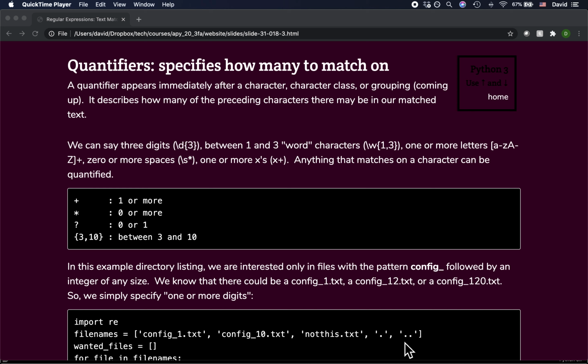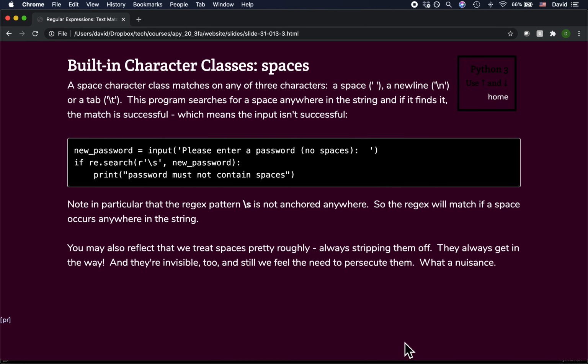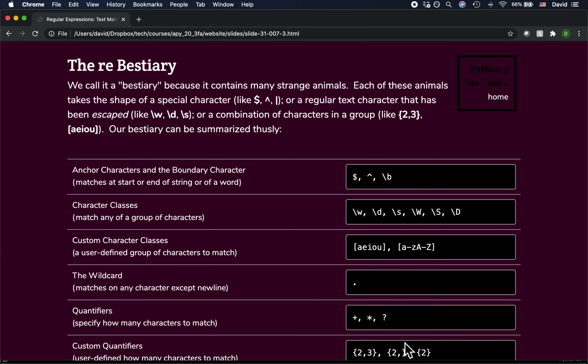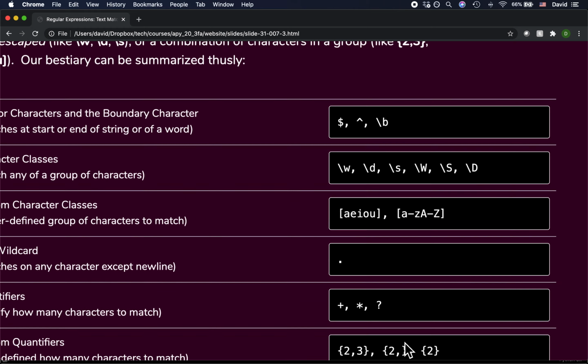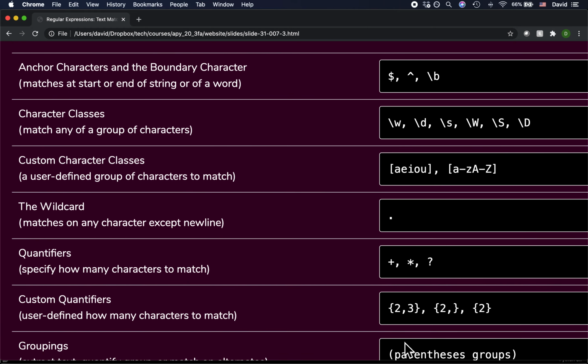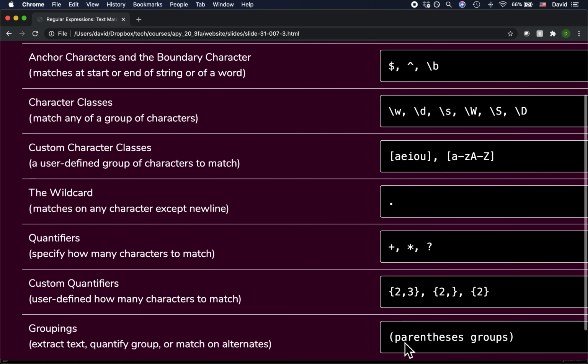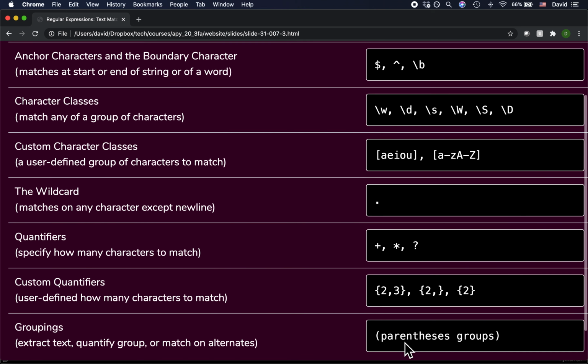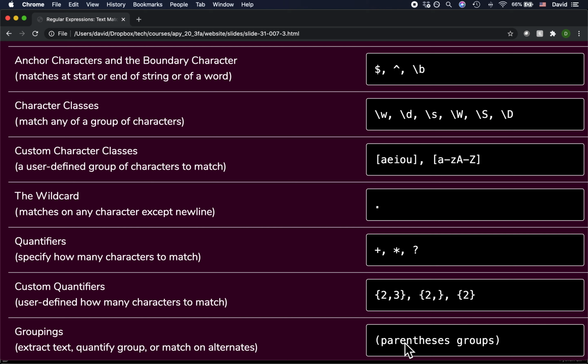Okay, let's continue our look at regular expressions by talking about quantifiers. You may remember at the very beginning I brought in a slide that shows us all the major entities involved in regular expressions. We sometimes call it the bestiary because it has these special entities, strange and wonderful beasts.